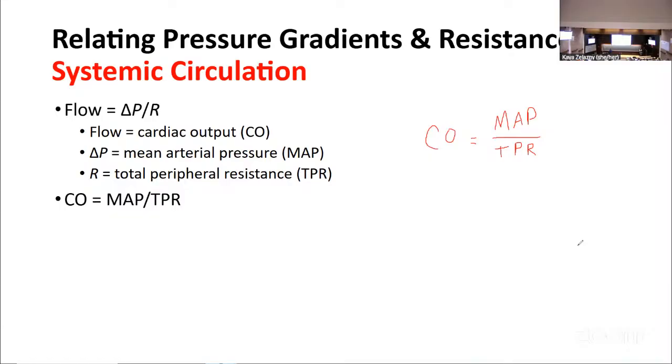So when we see equations later on, right, there's still going to be versions of this flow equation, right? But if we're trying to figure out, okay, how are we affecting mean arterial pressure, right? We might have that as our unknown, but we might know the resistance and the cardiac output, right? So we could move things around.